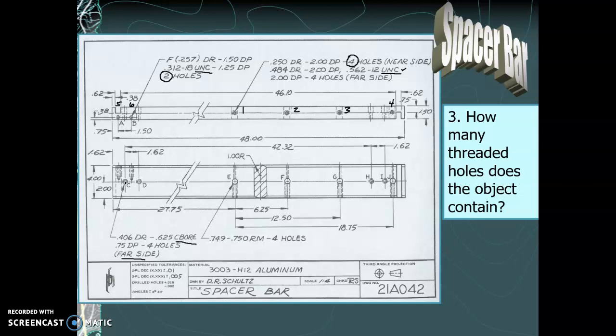So that dashed line that we're seeing right there is not representing threads. That's representing a counterbore that's on the back side of this view. And I don't see any other holes here that have any threads designated. So it looks like 1, 2, 3, 4, 5, 6, and that is the correct answer.